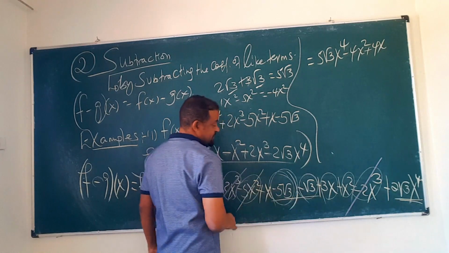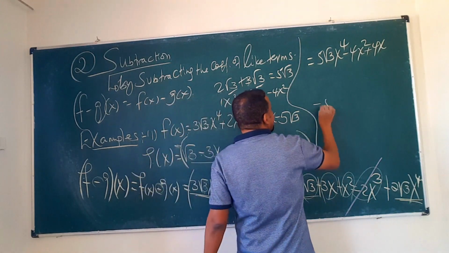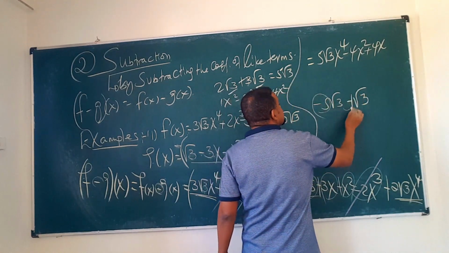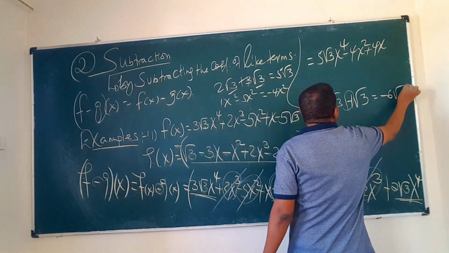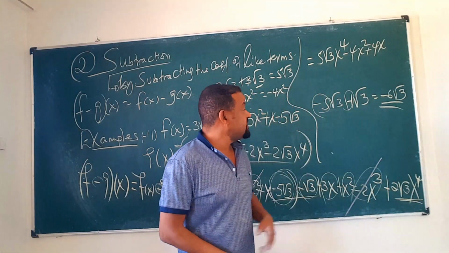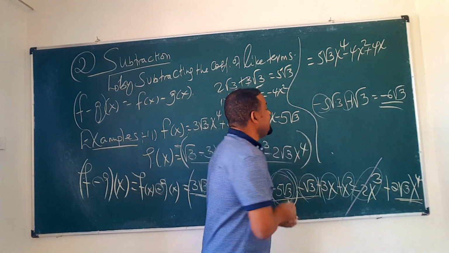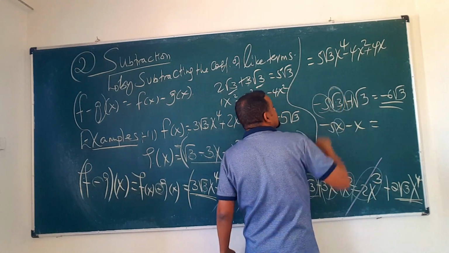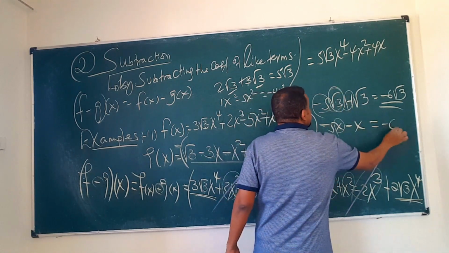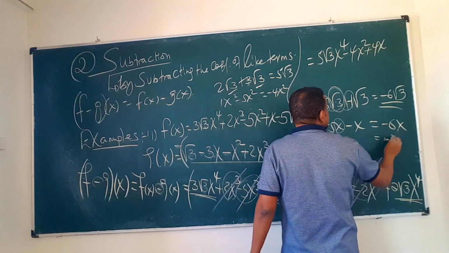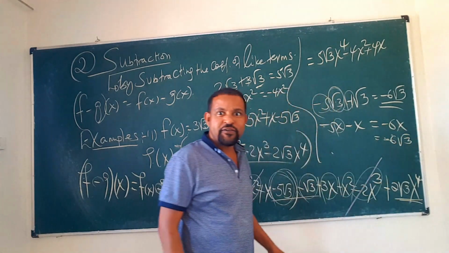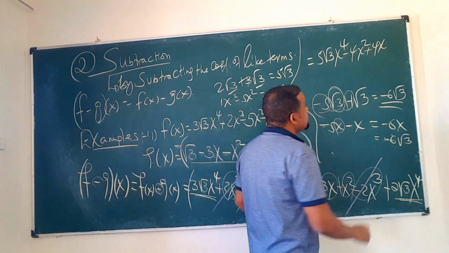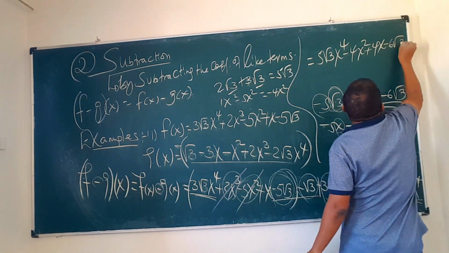We add the two: negative 5 radical 3 minus 1 radical 3 is negative 6 radical 3.